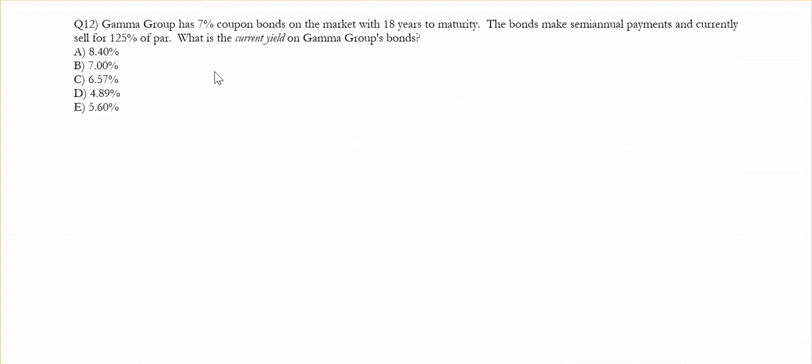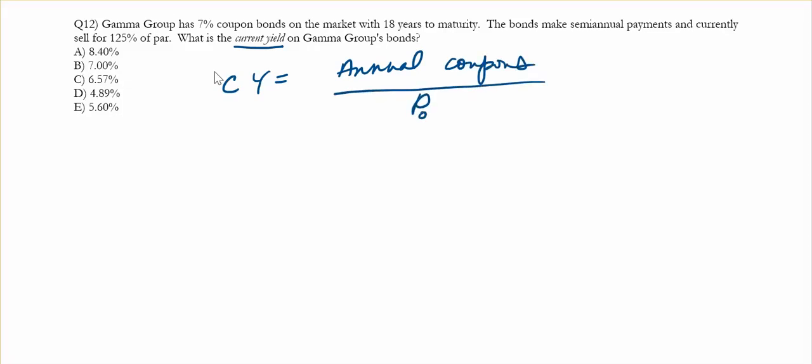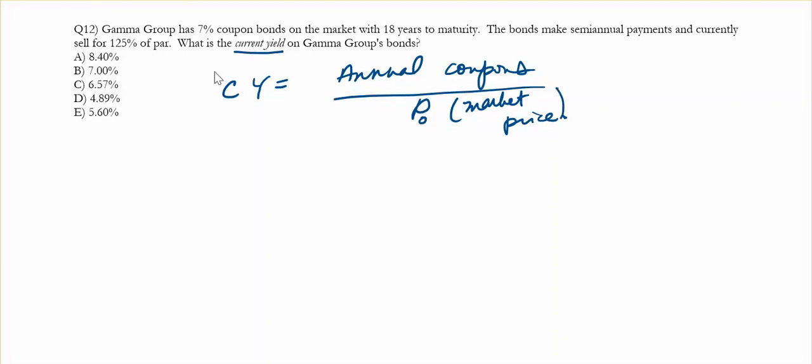All right, question 12 is our first problem asking for the current yield. Now the formula for current yield is annual coupons divided by the market price, which I've always represented with P0. Now because I'm asking for a yield, I don't need a specific par value, but to do the problem we need to just pick one.